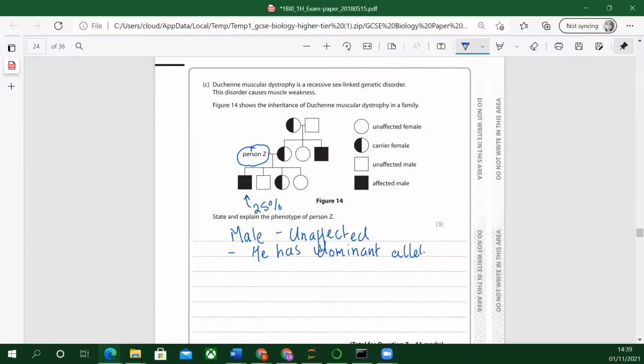So he has 25% of passing on the genetic disorder.